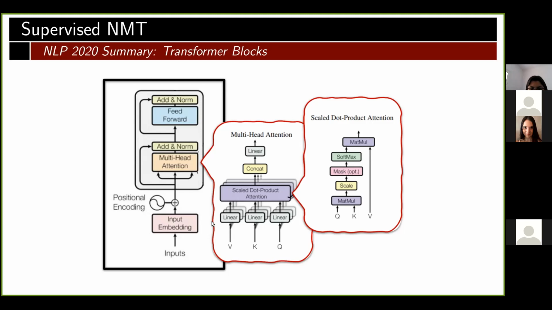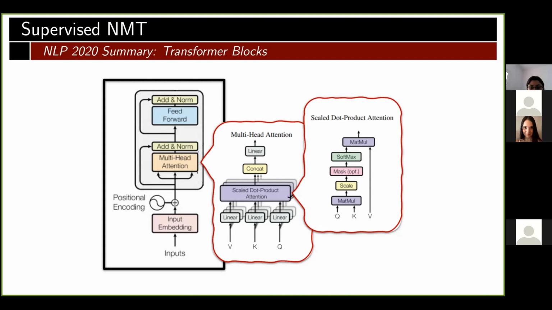You take your input embeddings and divide them into 3 different matrices. So each of your words has 3 different weights associated, which they call query, key, and value.